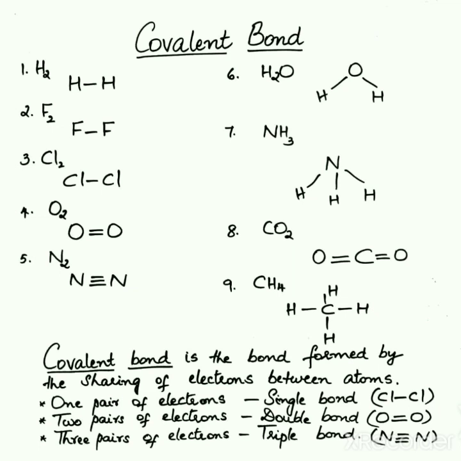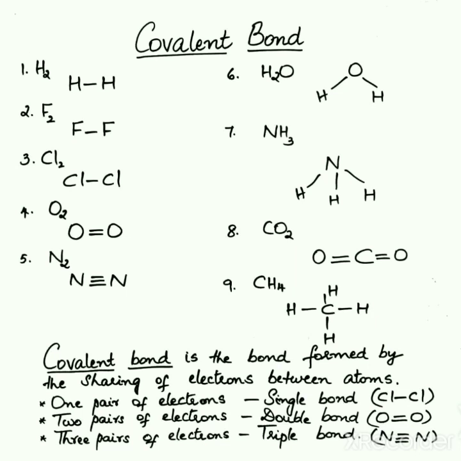Now consider water H2O. A pair of electrons is shared between hydrogen and oxygen. Therefore, a single covalent bond is formed between hydrogen and oxygen. Such two single bonds are present in water molecule. Now consider ammonia NH3. Between nitrogen and hydrogen, a pair of electrons is shared. Therefore, a single covalent bond is formed between nitrogen and hydrogen. Such three single covalent bonds are present in ammonia NH3.